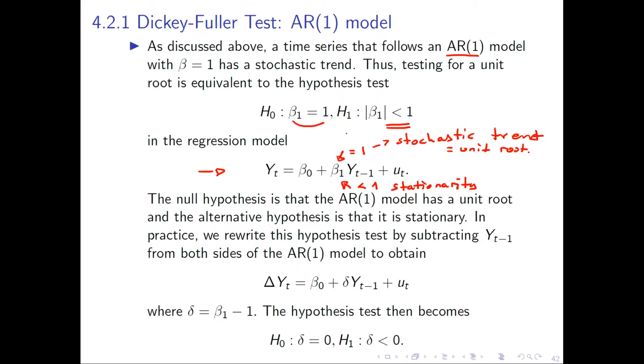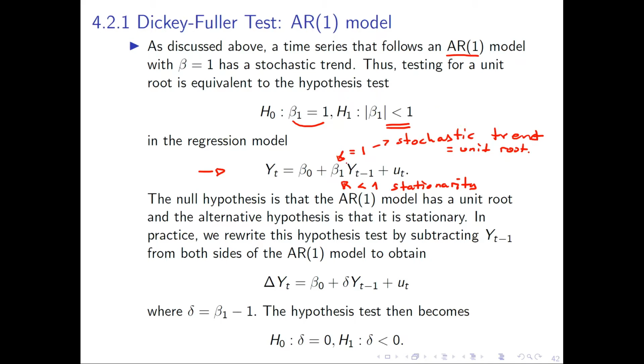The reason we do not test for difference here is that you only test for this being less than 1 in absolute value, because if it's greater than 1, then you still have a problem, because you still have the stochastic trend.